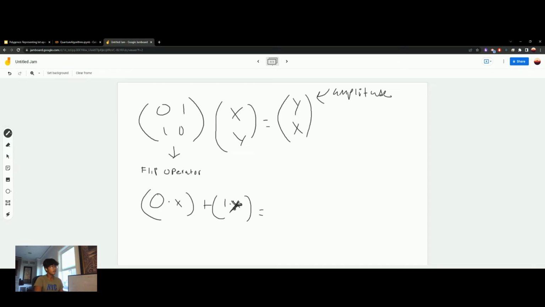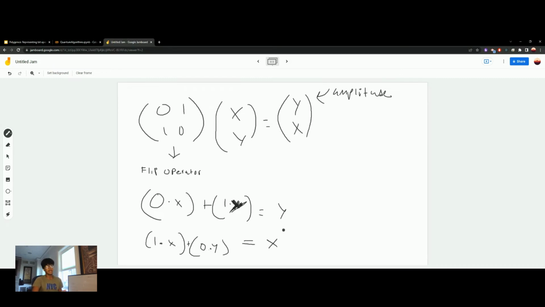So if we have our y here, 0 times x is 0 plus 1 times y, so that's just equal to y. And if we were to do 1 times x plus 0 times y, 1 times x is x, and 0 times y is just 0.